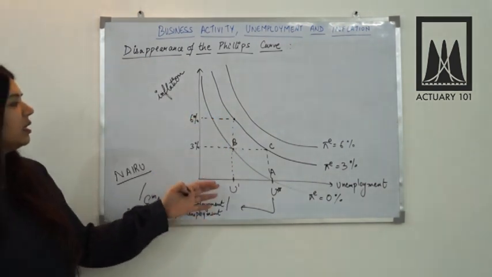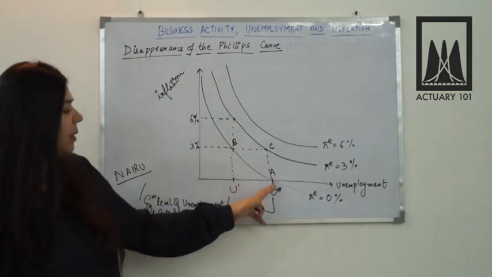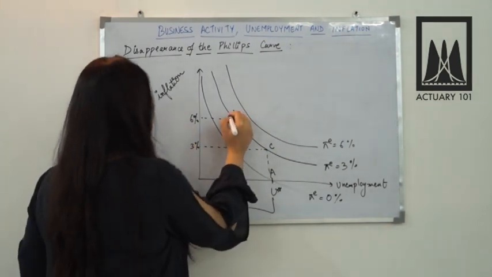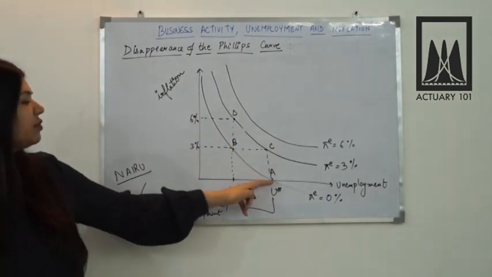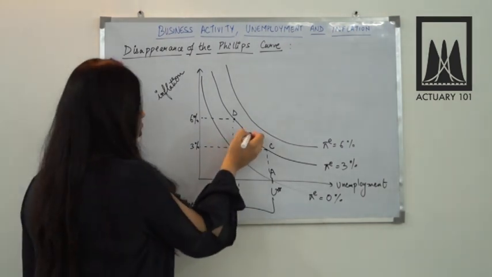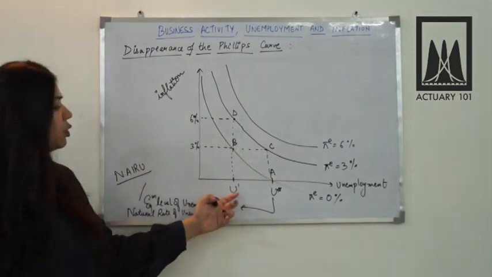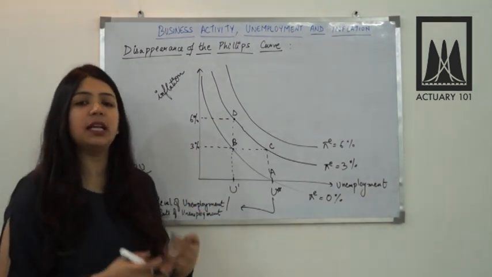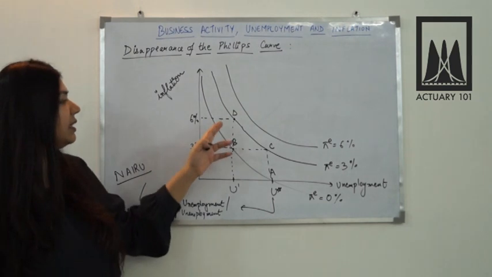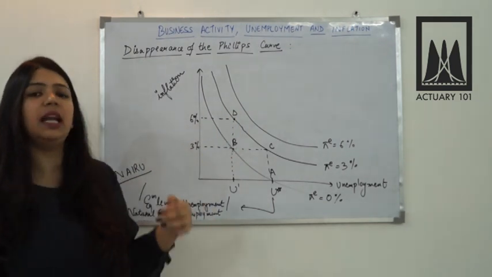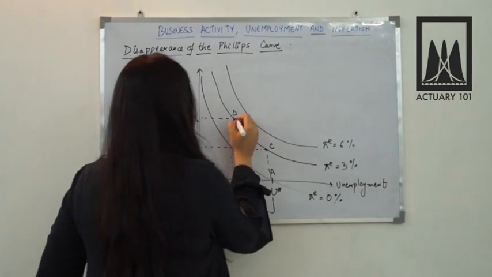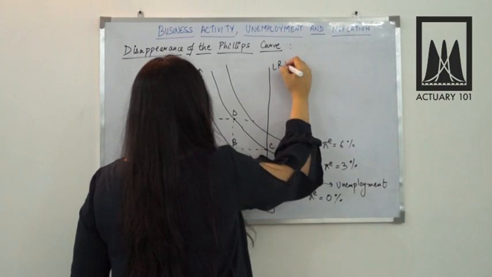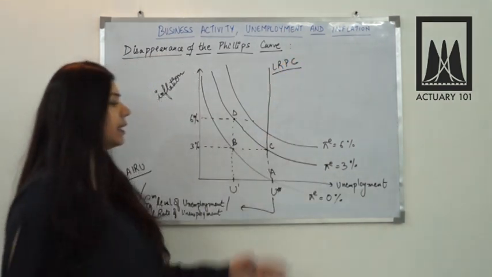So from point A we reach B, from B we reach C, and from C we reach D by the same mechanism by which we reached from A to B. Because from the original Phillips curve, if we are trying to reduce unemployment, the workers' wage expectations increase, and there is a lower real aggregate demand, and this continues to happen at every stage until we get a long run Phillips curve, which is a vertical curve.